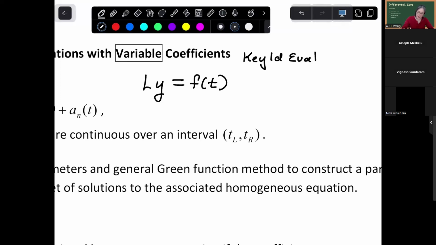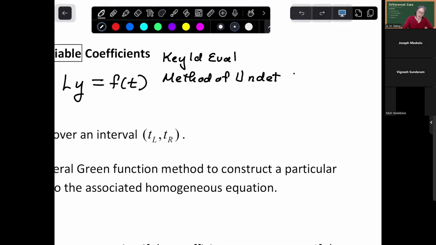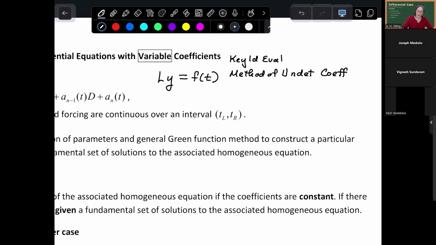That's one method. And anytime you use this, you can also use the method of undetermined coefficients. And this is actually up as a video, and you need to finish filling out the worksheet.